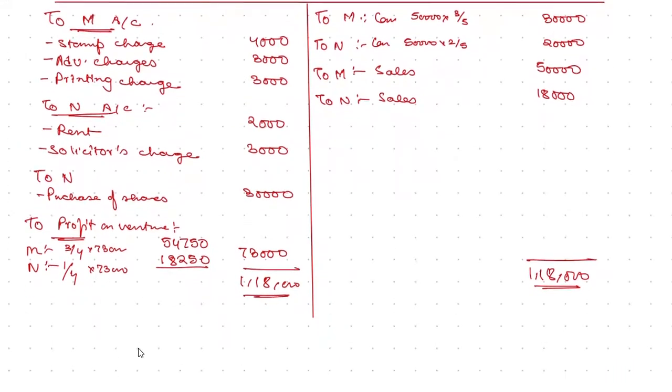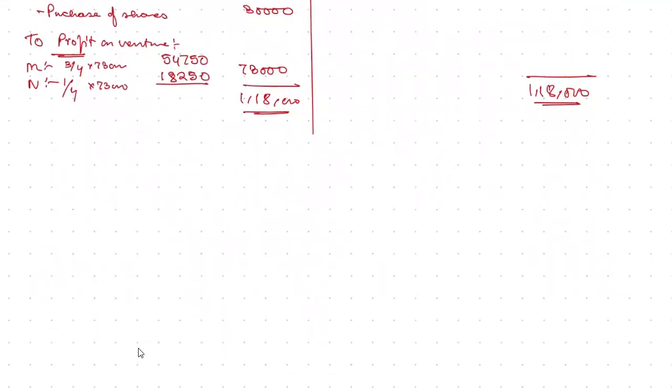Okay. Now what we have to do? Now simple. In the books of M, N account. In the books of N, M account. Or we can do one more thing; such a big account won't be needed here.